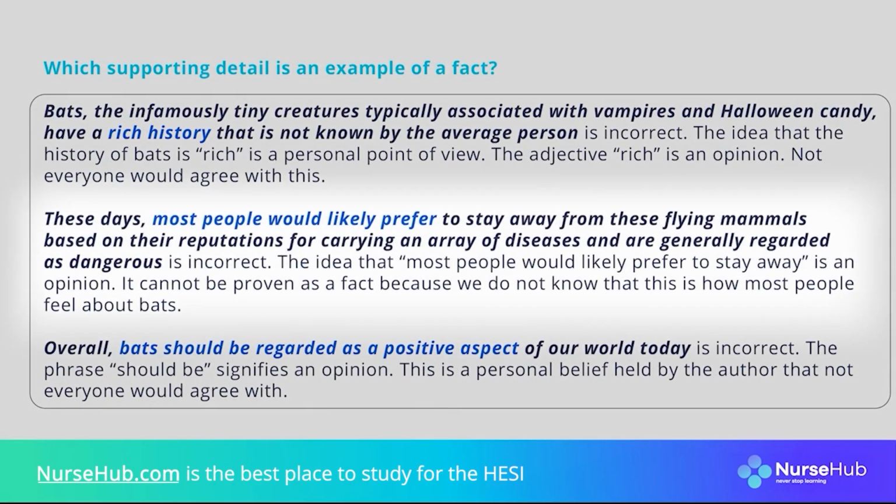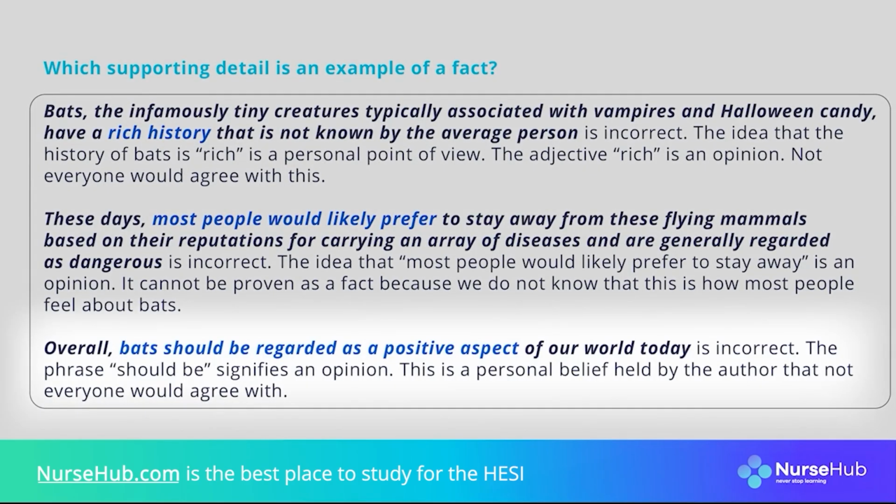The second answer option, the statement most people would likely prefer, signifies an opinion. It cannot be proven as a fact because we don't know how most people would feel about this. This last answer option, bats should be regarded as a positive aspect. The word should here signifies an opinion. This is a personal belief held by the author that not everyone would perhaps agree with.